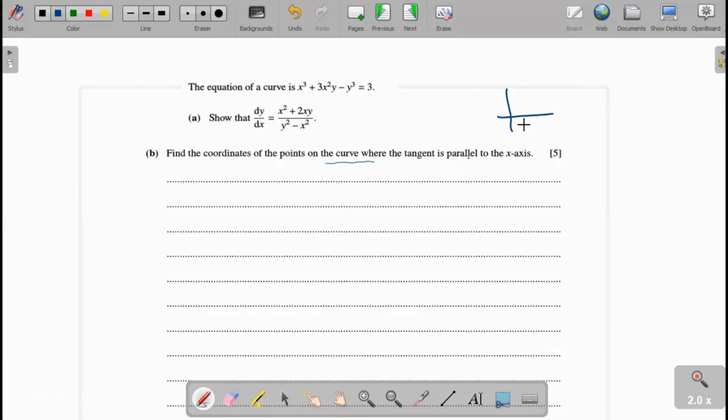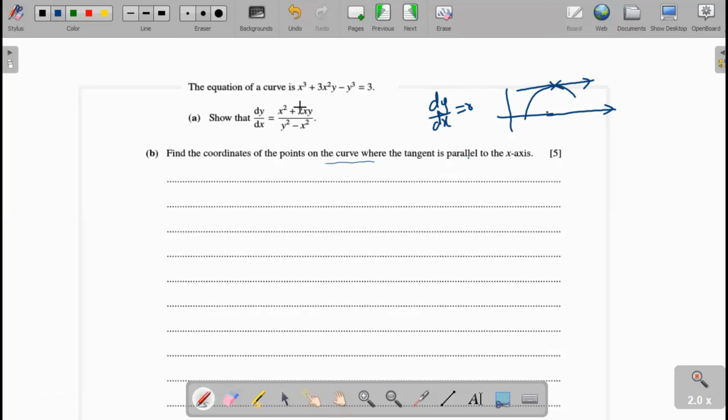Suppose this is the shape of the curve and this is the tangent line, parallel to the x-axis. The gradient of this tangent will be 0. It means dy/dx will be equal to 0.